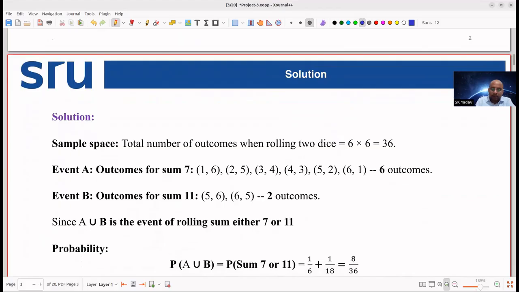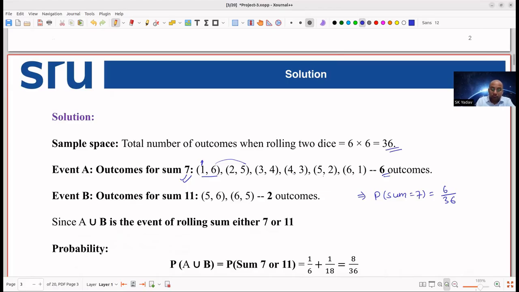These are the favorable cases for the sum to be 7: 1 comma 6, then increase the first of the ordered pair and decrease the second, so 2 comma 5, 3 comma 4, 4 comma 3, 5 comma 2, and 6 comma 1. These are a total of 6 outcomes. So the probability P of sum equal to 7 is 6 by 36. Favorable are 6, total are 36 outcomes.